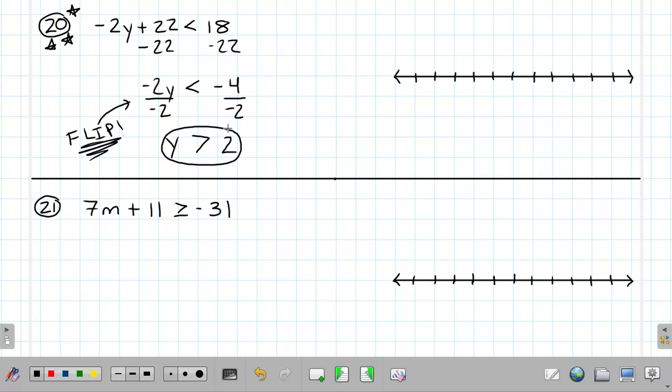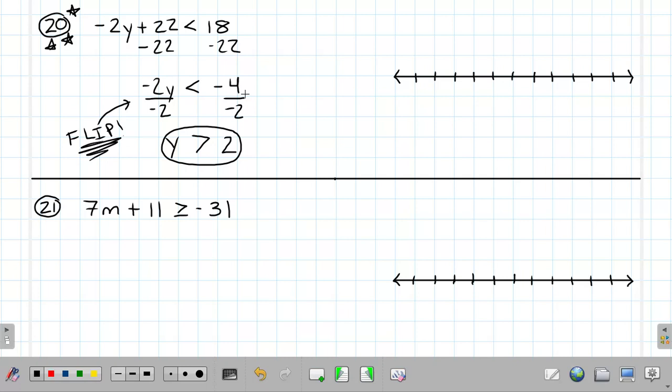All right? Now, you might be asking, why do we need to flip the inequality? Well, the way I normally like to describe it is, what happens when you multiply a number by a negative? It flips its sign. If you multiply a positive number by a negative, the result's going to be a negative number.